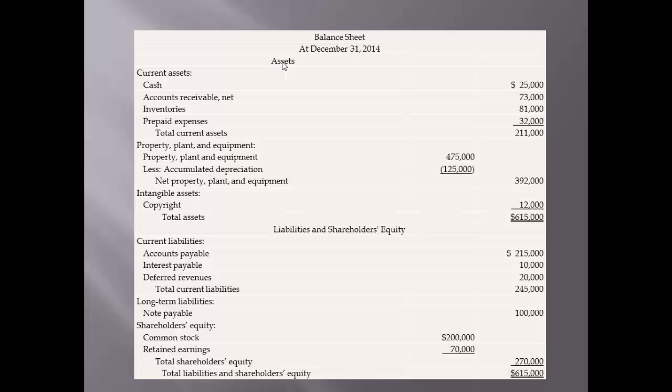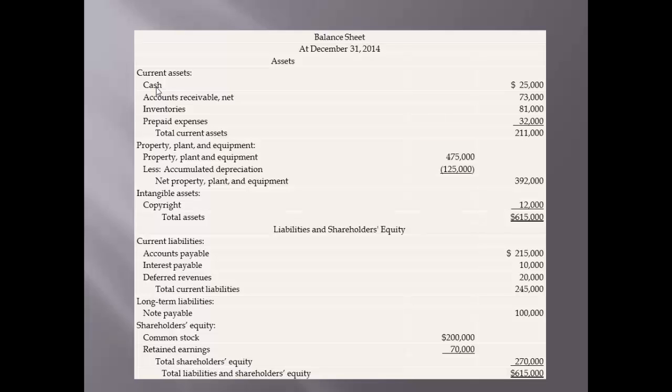Now, under assets, we have current assets, which include cash and all other assets expected to become cash or be consumed within 1 year or the operating cycle, whichever is longer.